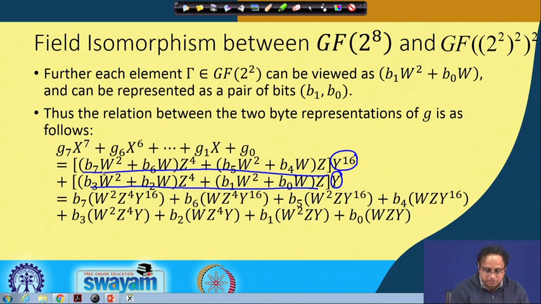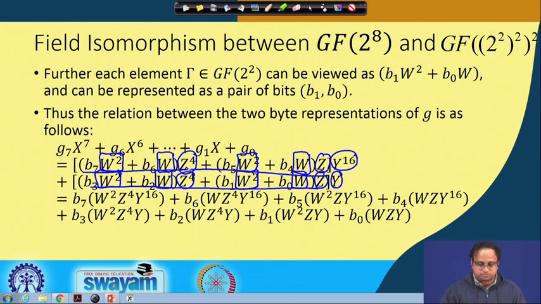And again recursively, each of these parts you can write in the basis z power of 4 and z. And likewise each of these individual terms you can write in the basis w square, w, w square, w, and so on. So likewise here also the basis is w square and w.